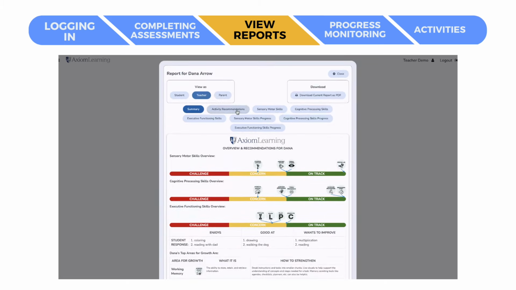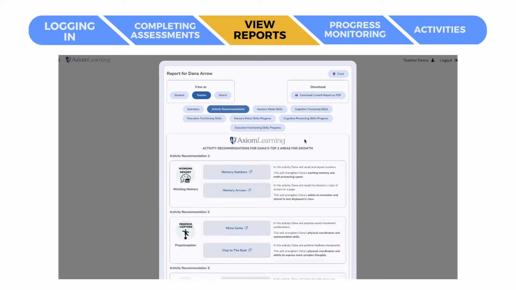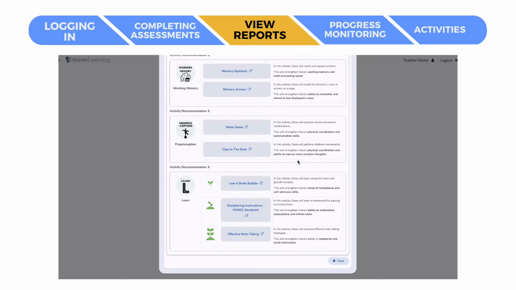Teachers also have access to activity recommendations and lessons for each of the 3 top areas of growth. For example, deciphering instructions and effective note-taking will target a student's metacognitive learning skills. Shareable reports ensure that students, parents, and educators are aligned, promoting an inclusive approach to educational support.